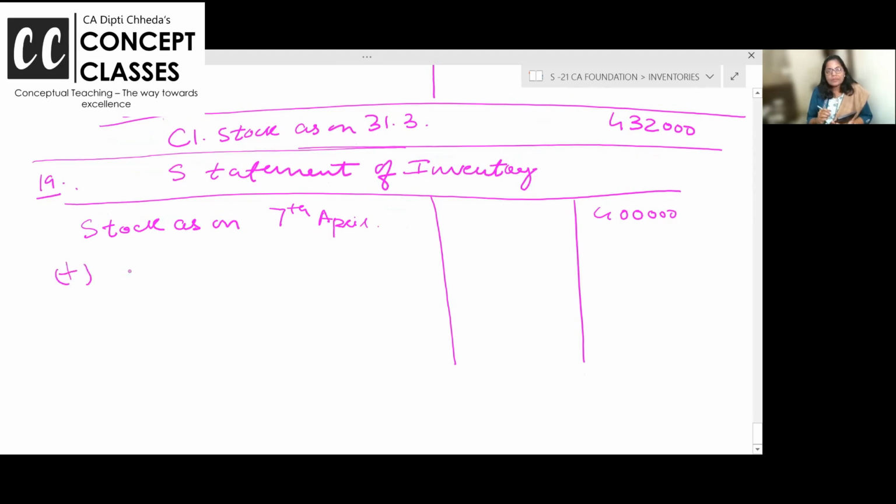Add sales. Some goods are sold between 1st and 7th.